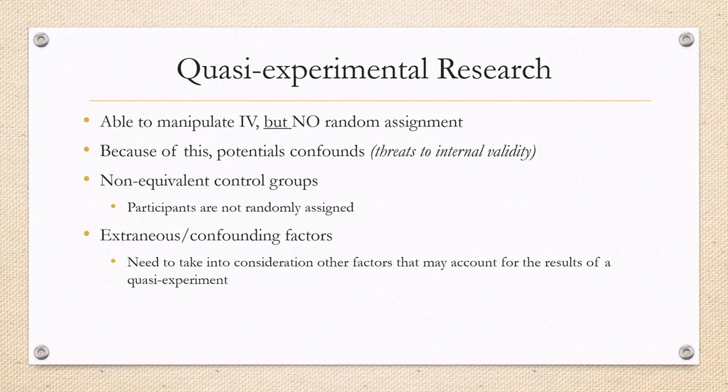So this is not the same as randomly assigning individuals. And there still can be confounds. We need to be able to take into consideration other factors that may account for the results of our quasi-experimental research.